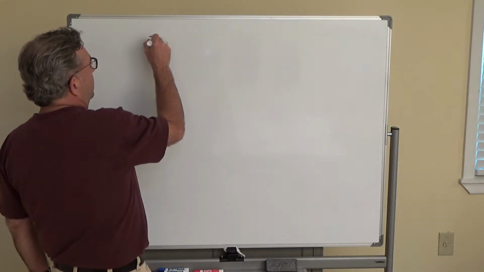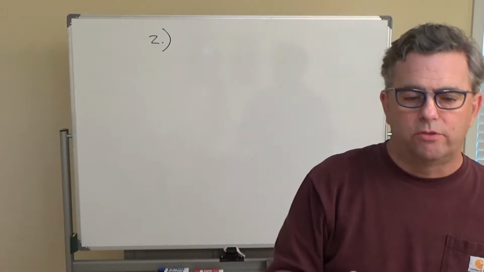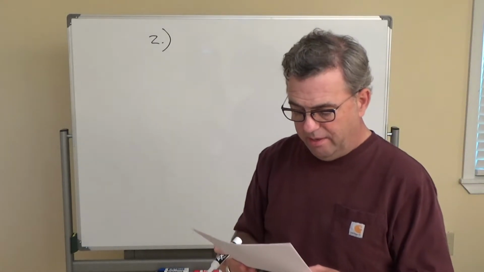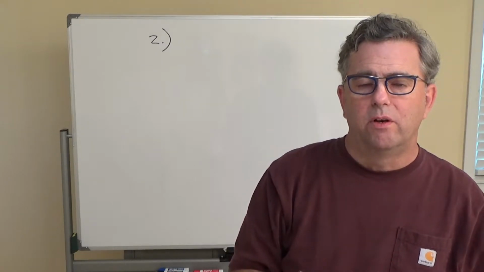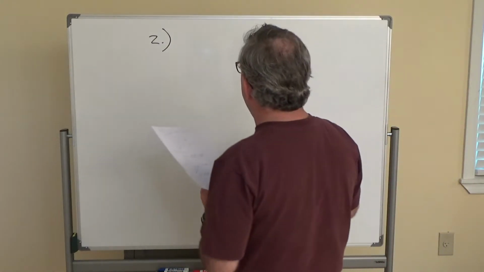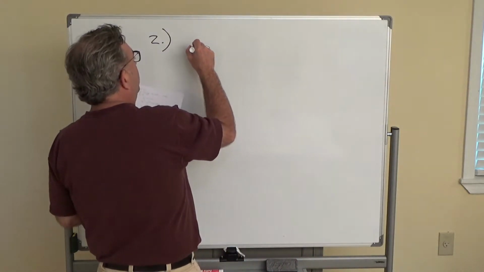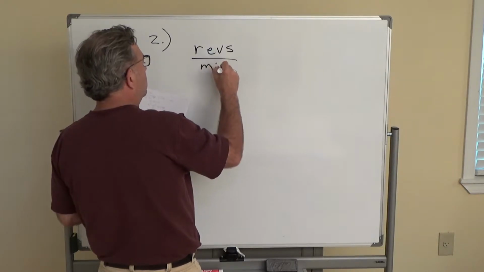Number 2 is a repeat of number 1. It's a dentist drill. It starts from rest. And the only little, not tricky, but one of the little things that you have to do in problem 2 is they give you the angular speed in revs per minute.